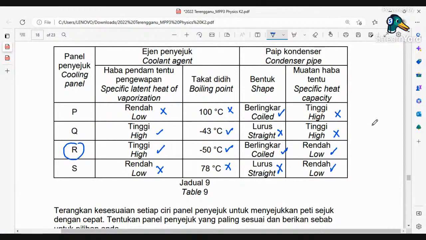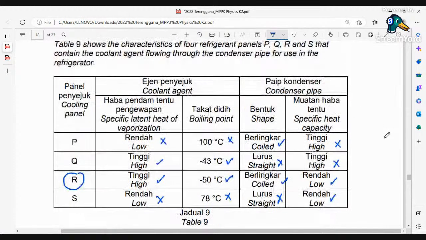There's a mistake here. Cannot remove. And we'll change the question. Thermal conductivity.